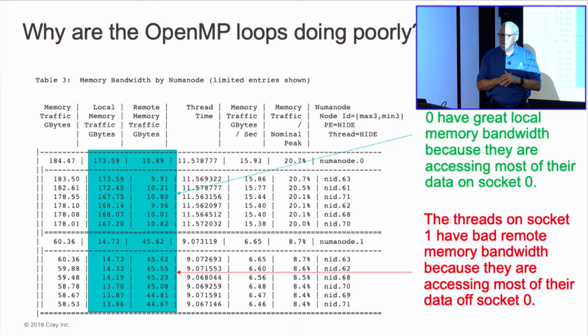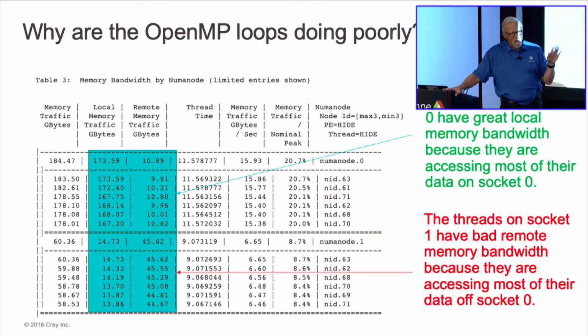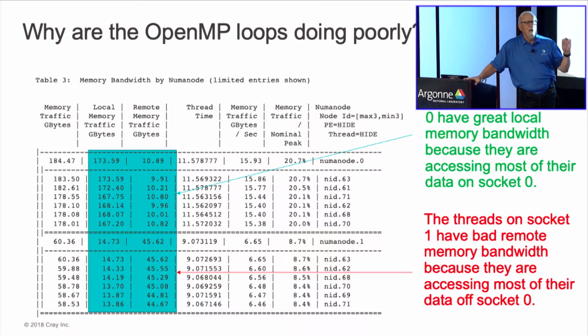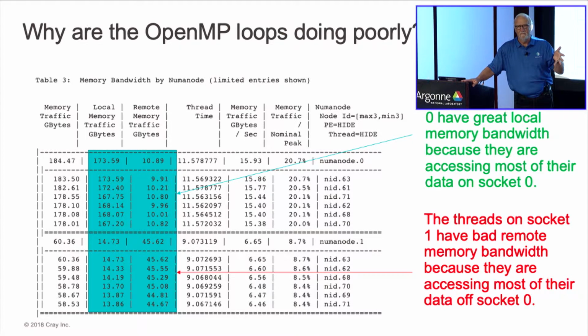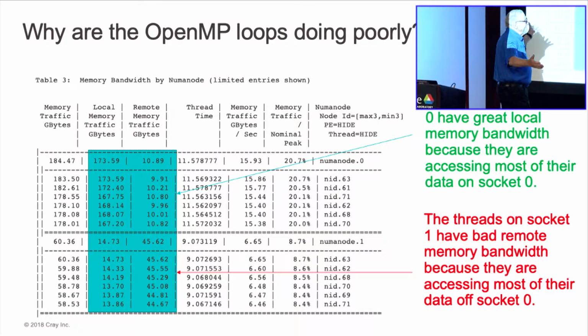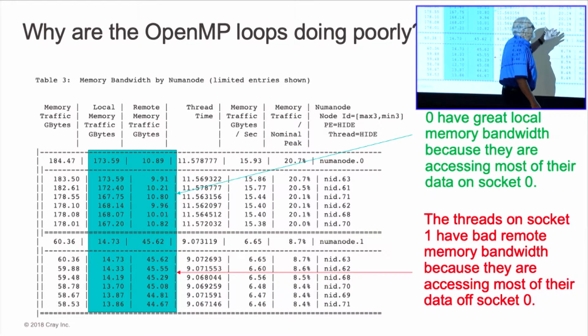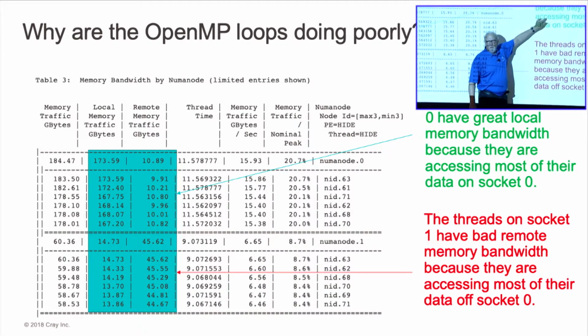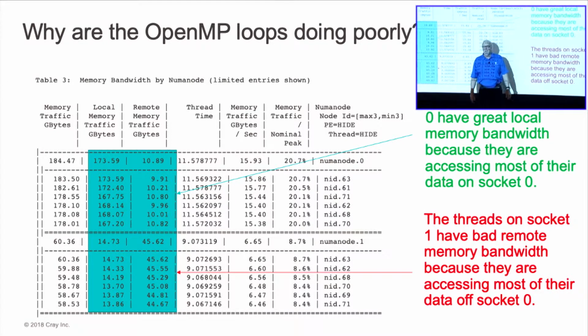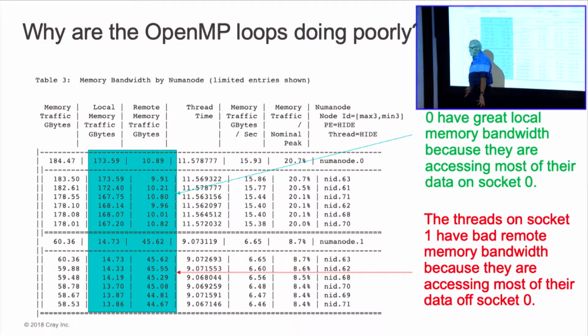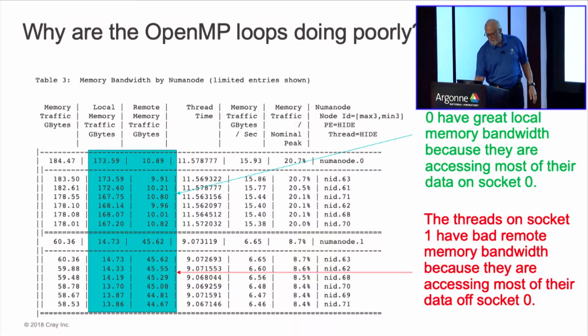The reason for this is when you initialize variables in a non-parallel loop, they are going to be stored on the memory closest to the processor initializing it. So the threads on socket 0 have great memory bandwidth. The threads on socket 1 have bad memory bandwidth.